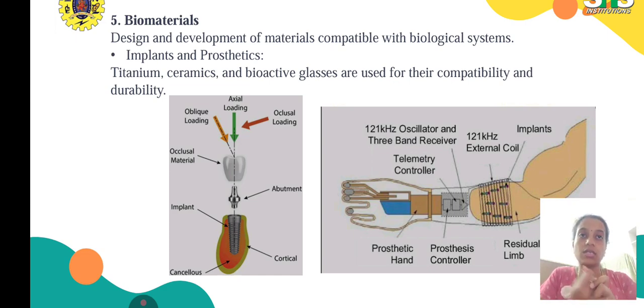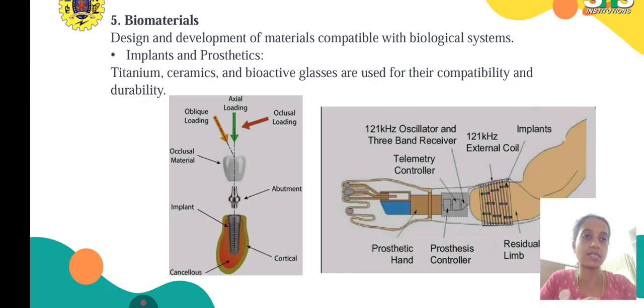Implants and prosthetics use titanium, ceramics, and bioactive glasses for their compatibility and durability. We can't just design prosthetic legs or artificial limbs for a short time period. It should last for a very long time, so we identify titanium, a ceramic material, or bioactive glasses which do not affect the body, used for their compatibility and durability.